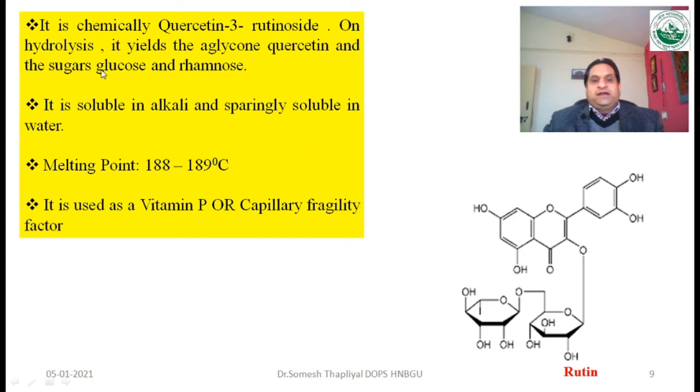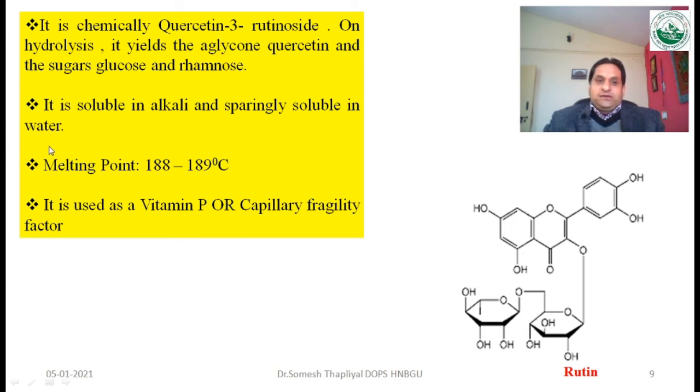This portion is the aglycone part, aglycone meaning the non-sugar part, and this one is the sugar part. So we can say that in the structure there are two sugar units, glucose and rhamnose, and on hydrolysis it yields quercetin, the aglycone, and glucose and rhamnose molecules.